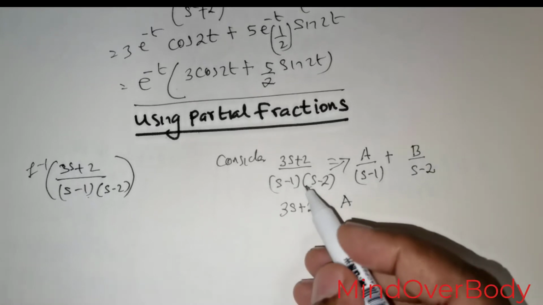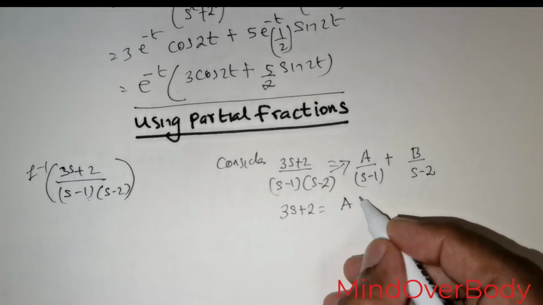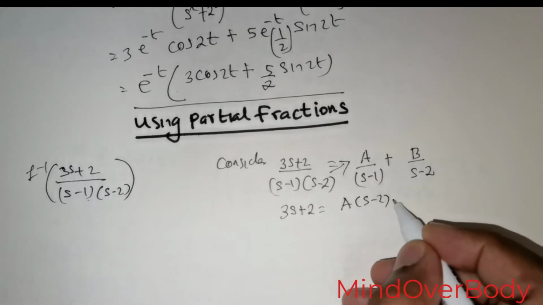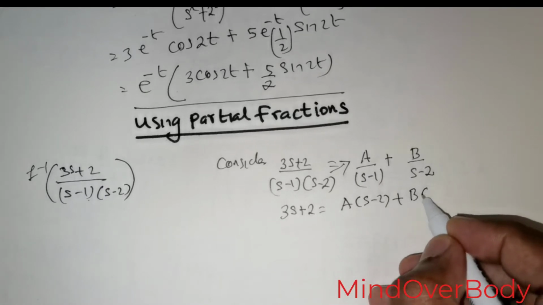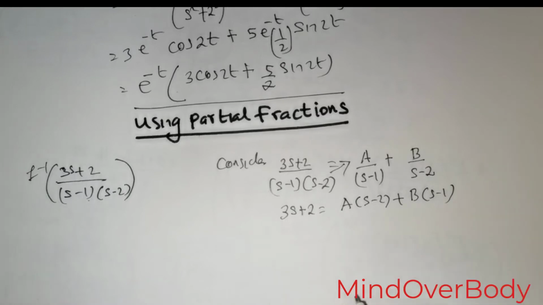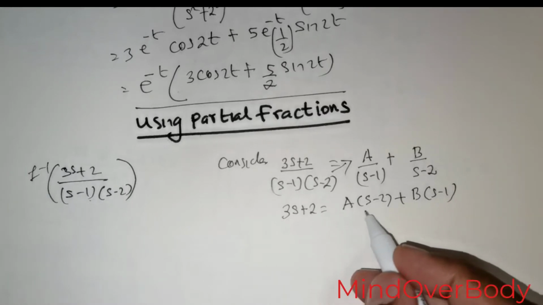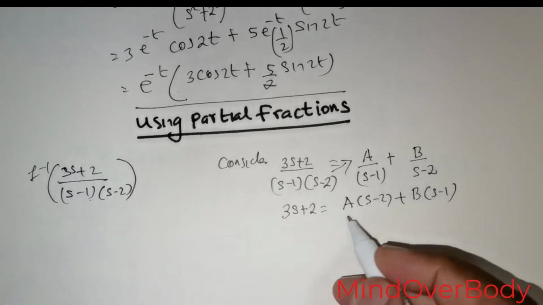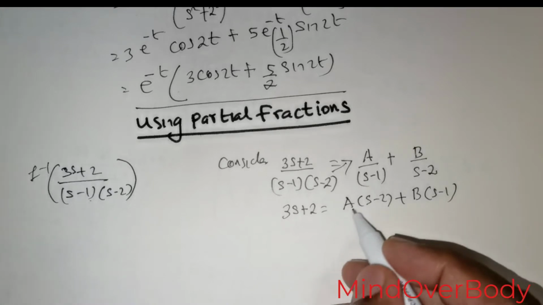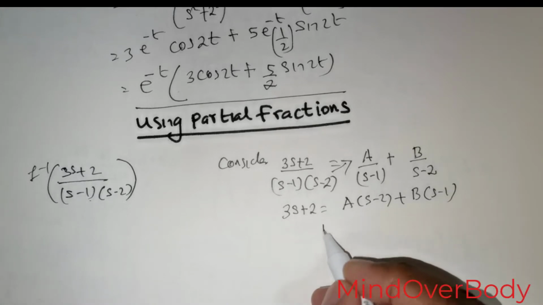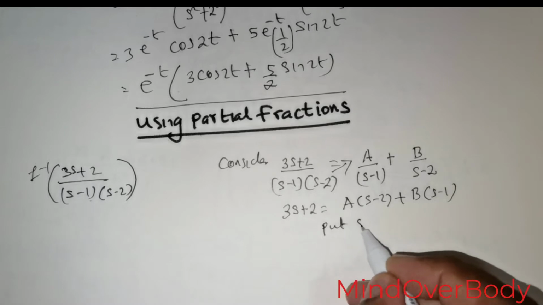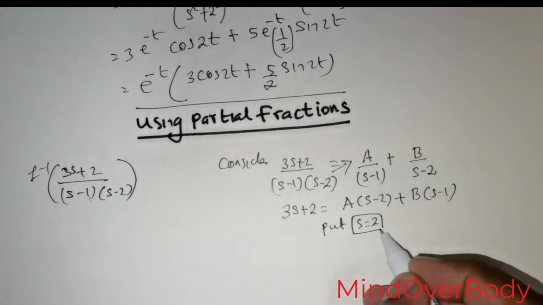Then I would cross multiply, and that would give me A times (s - 2) plus B times (s - 1). Now the idea is to get rid of the quantities one by one. If I want to get rid of A, I put s equal to 2.